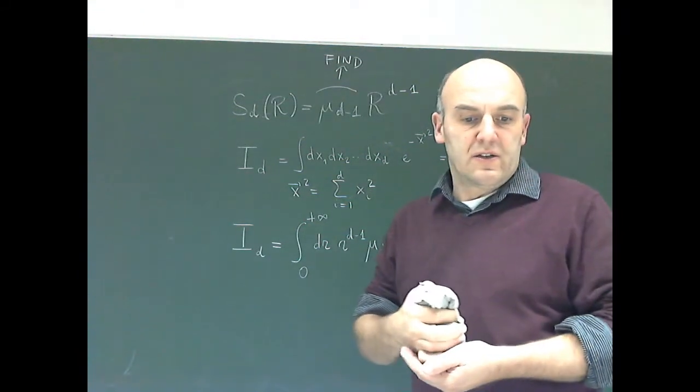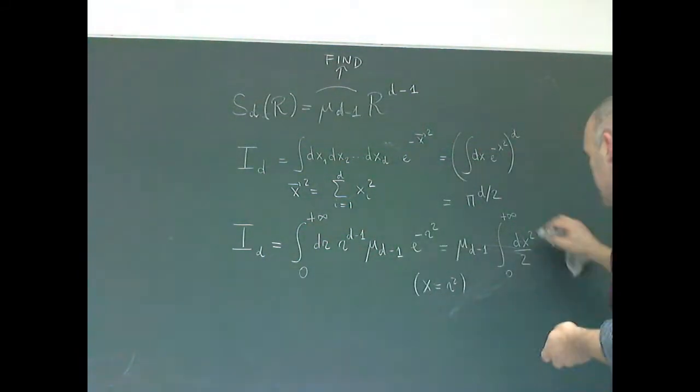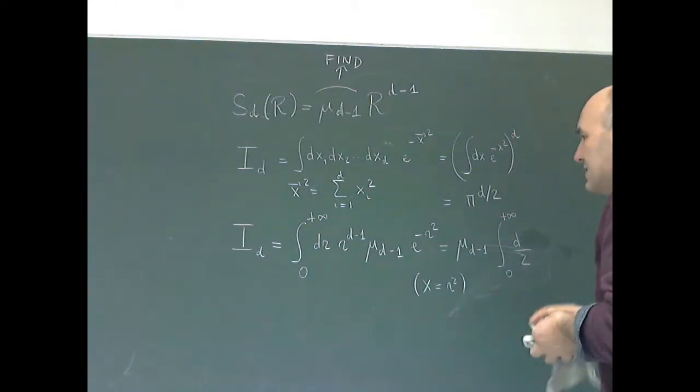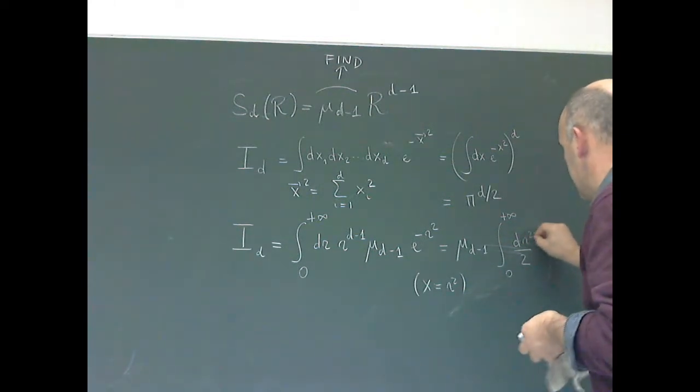Sorry, no, this is not quite right. I can write d r squared divided by 2.